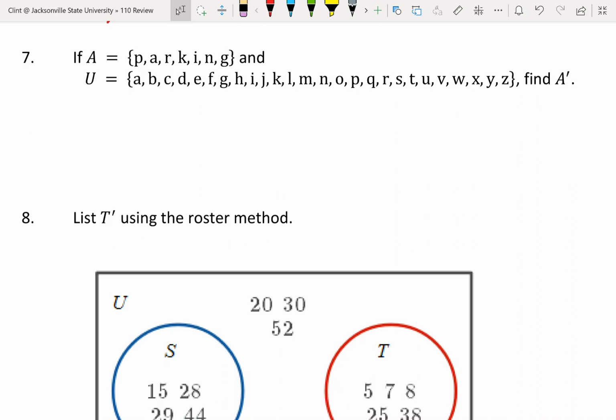So this one's a little long. I'll try to make it shorter on test day. So what I'm going to do is mark out the ones that are in A. So there's A, P, R, K, I, N, G. So then A complement is everything else.